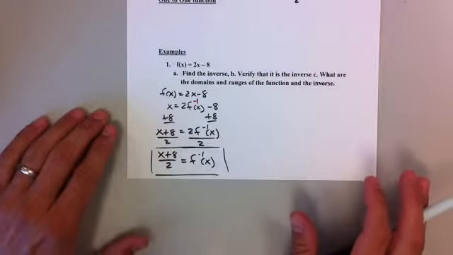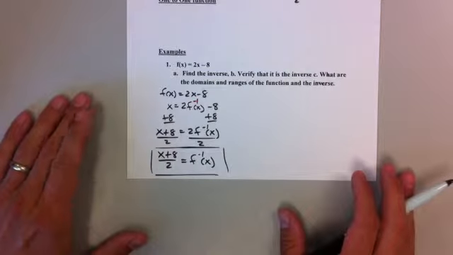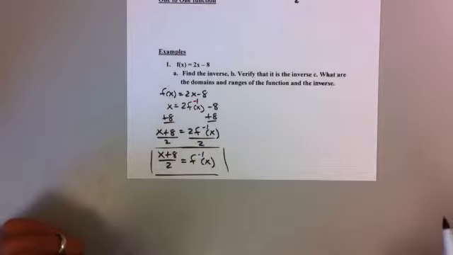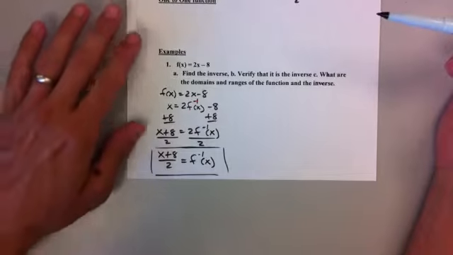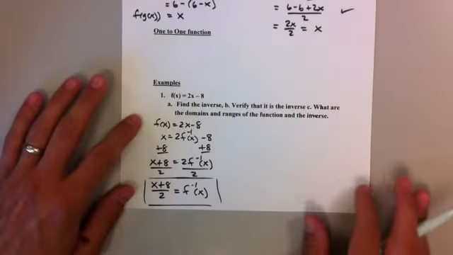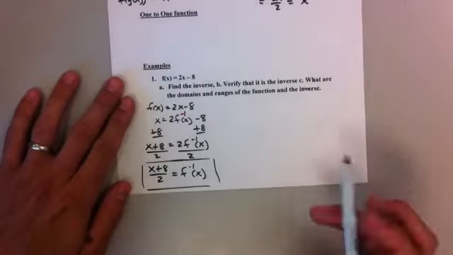Now, B says verify that it's the inverse. Well, how do you know if it is the inverse? Well, I can go back all the way up to the top where I said, all right, if they're inverses, I should be able to plug them into each other, and they should simplify down to be x. So let's try that.